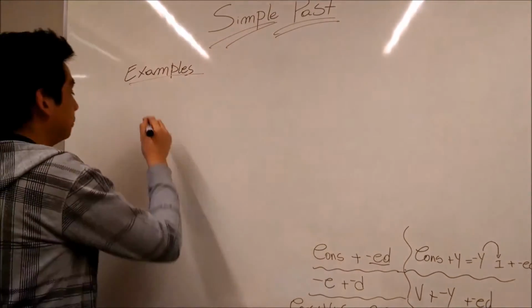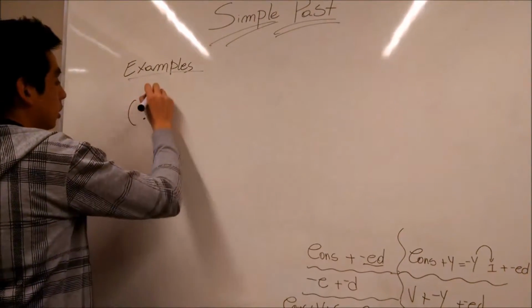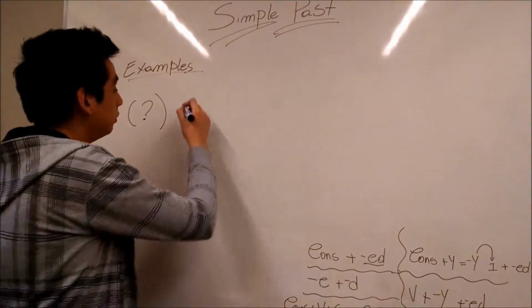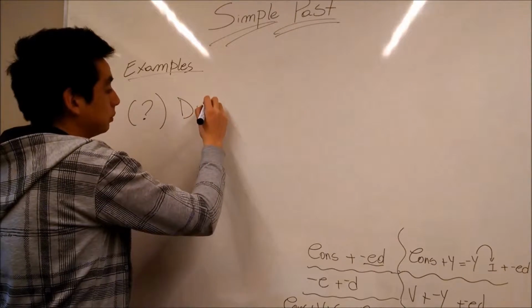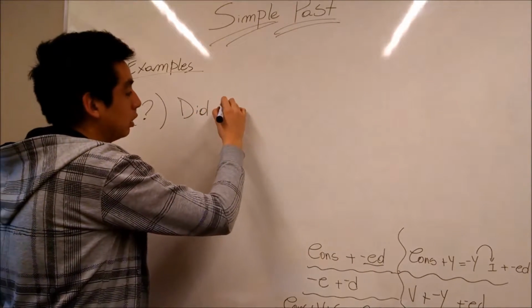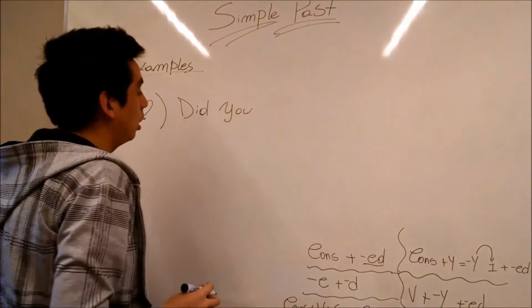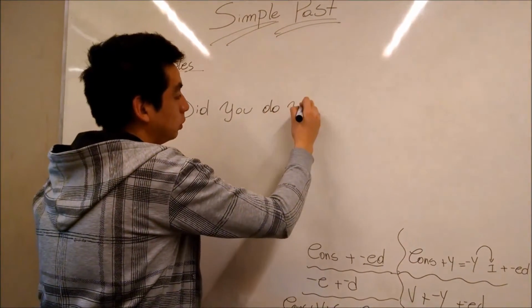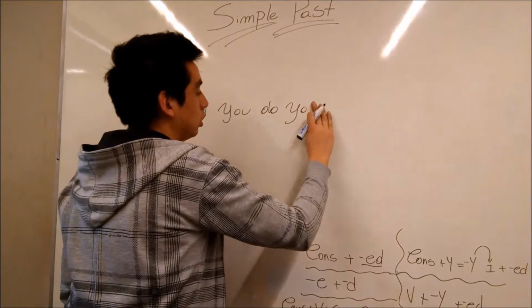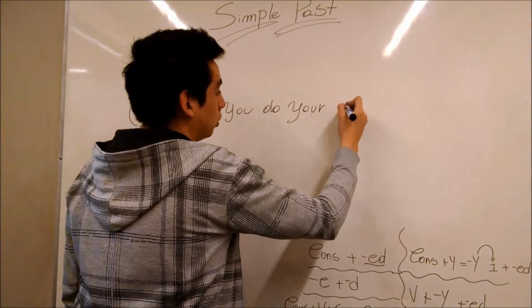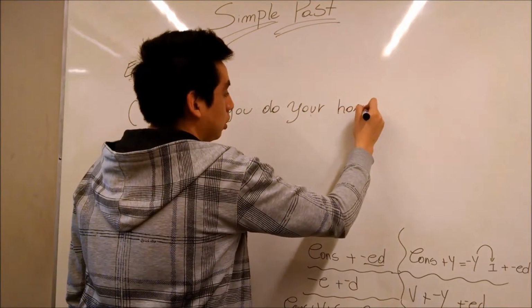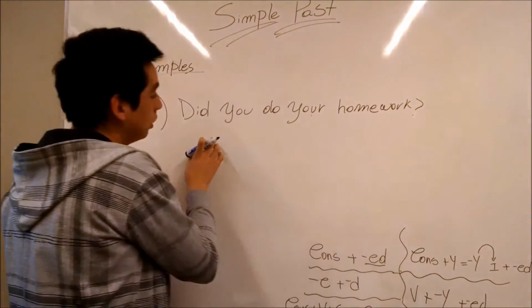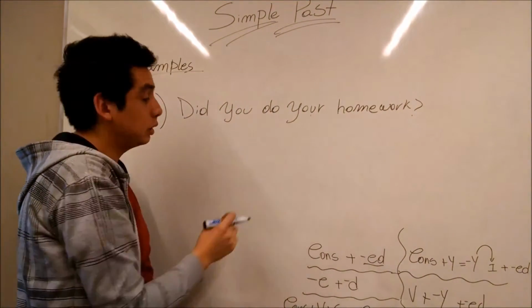The interrogative form goes with our auxiliary verb, that in this case is did. Did you do your homework, for example?